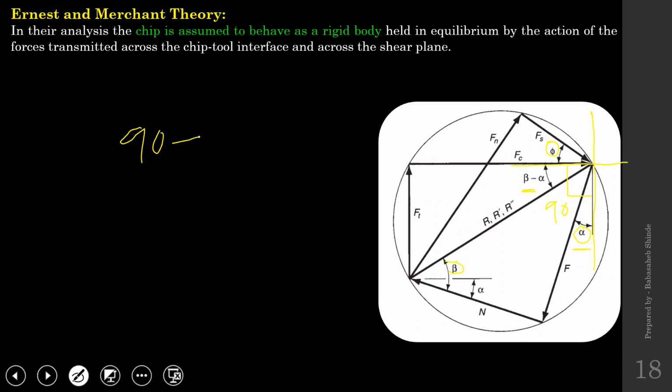Total 90 minus, this is 90, this is beta. So in this triangle this angle will become 90 minus beta, because this is 90 and this is beta. So 90 minus beta, and what is left with us? This one. Suppose that angle is, let's call it a, that we need to calculate, right?